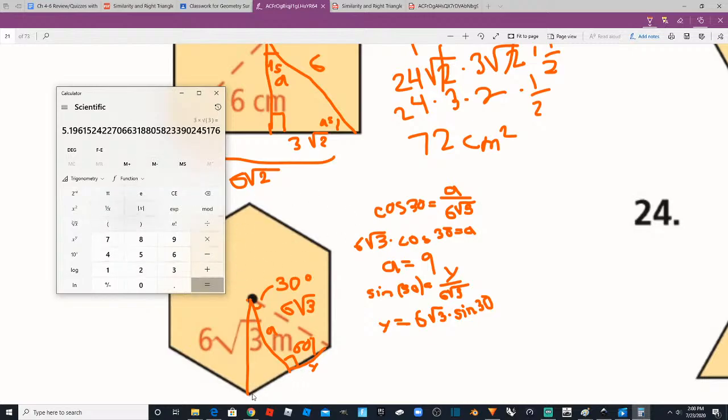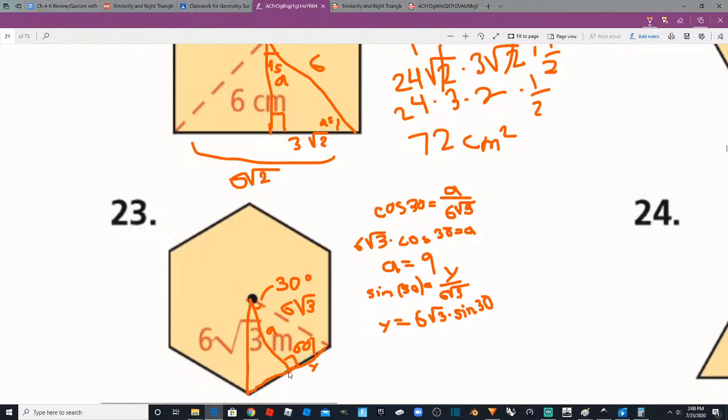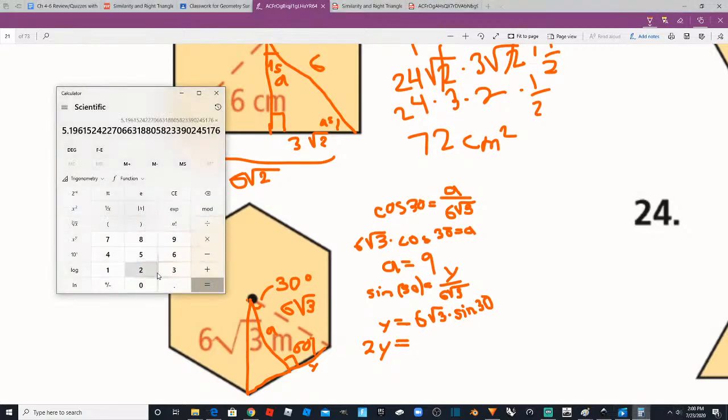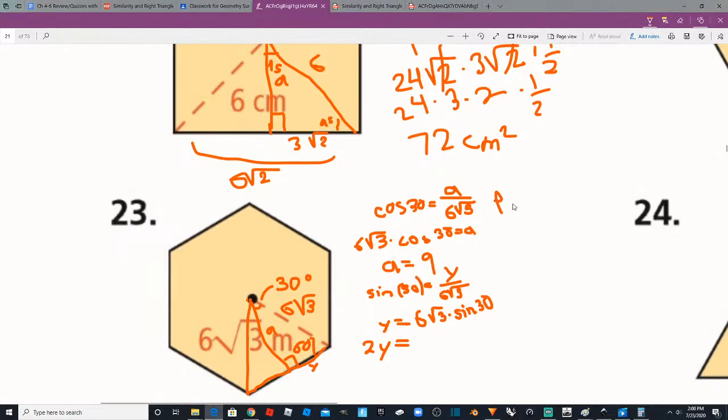Now we can multiply this to get this full side length. Let's multiply this by 2. That's one side length. And since there are 6 sides to a hexagon, we're going to multiply this by 6. Which would be 62.35. So that would be the perimeter.